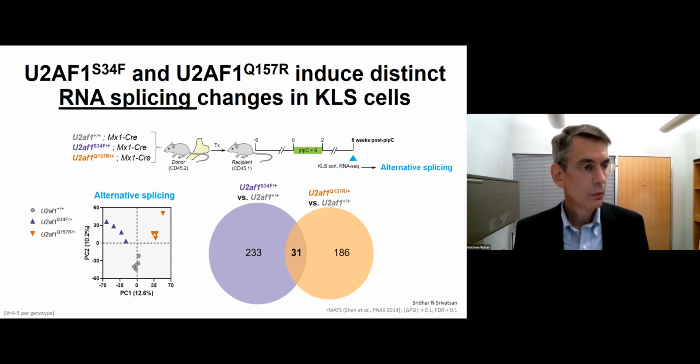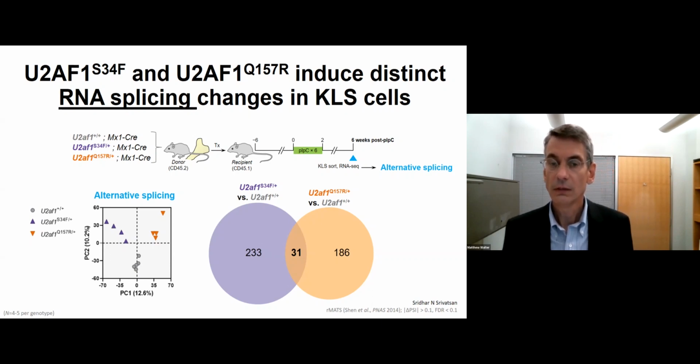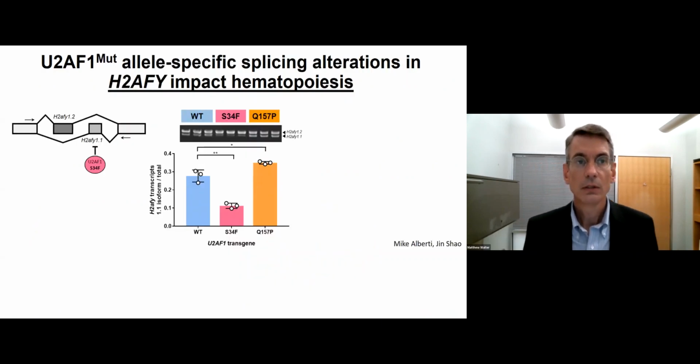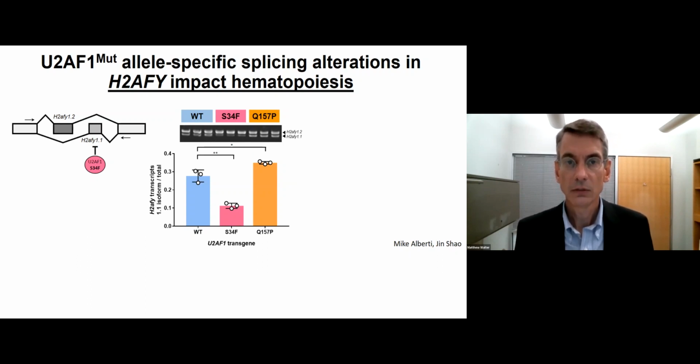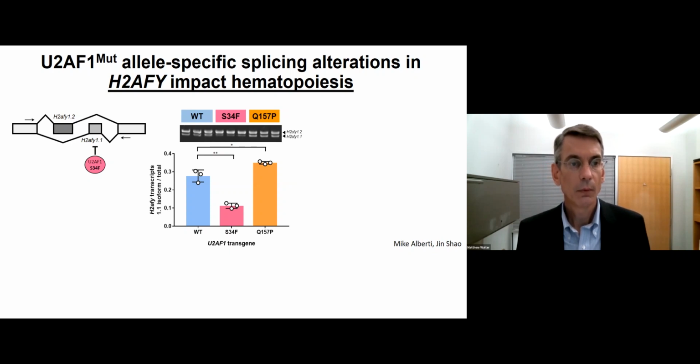Importantly, we had the goal of trying to revert these phenotypes with rescue of these alternative splicing events in vivo. What we identified were these mutant allele-specific splicing alterations in H2AFY that actually do impact hematopoiesis. H2AFY has two isoforms, H2AFY 1.1 and 1.2, which arise from mutually exclusive exon usage.